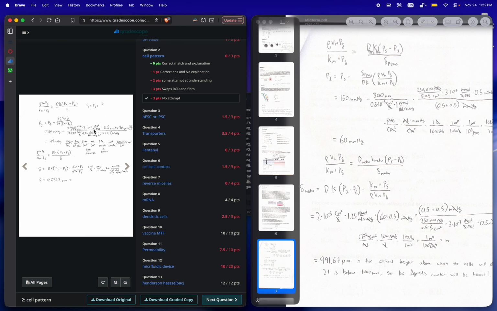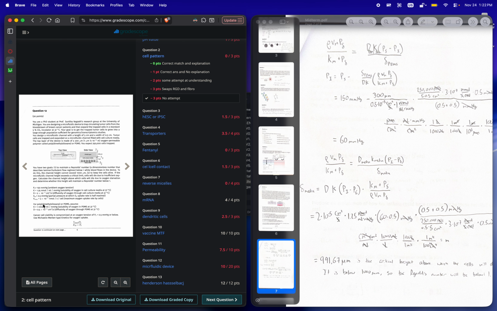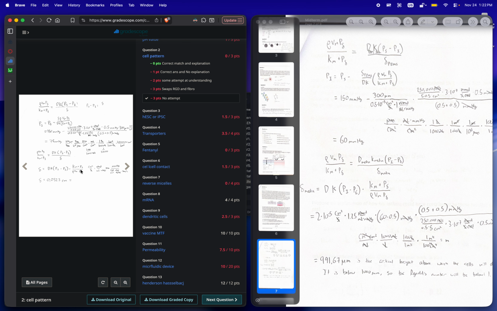I made a mistake though. I used, I believe, the wrong K value. I used the K value for the PDMS or the media as opposed to the PDMS here, which got me a bit of an off answer.